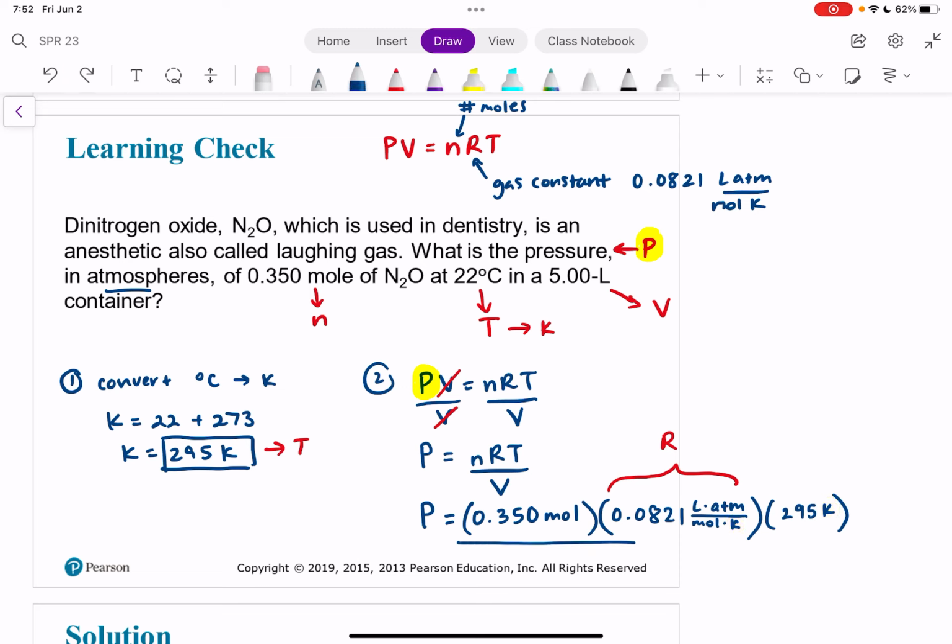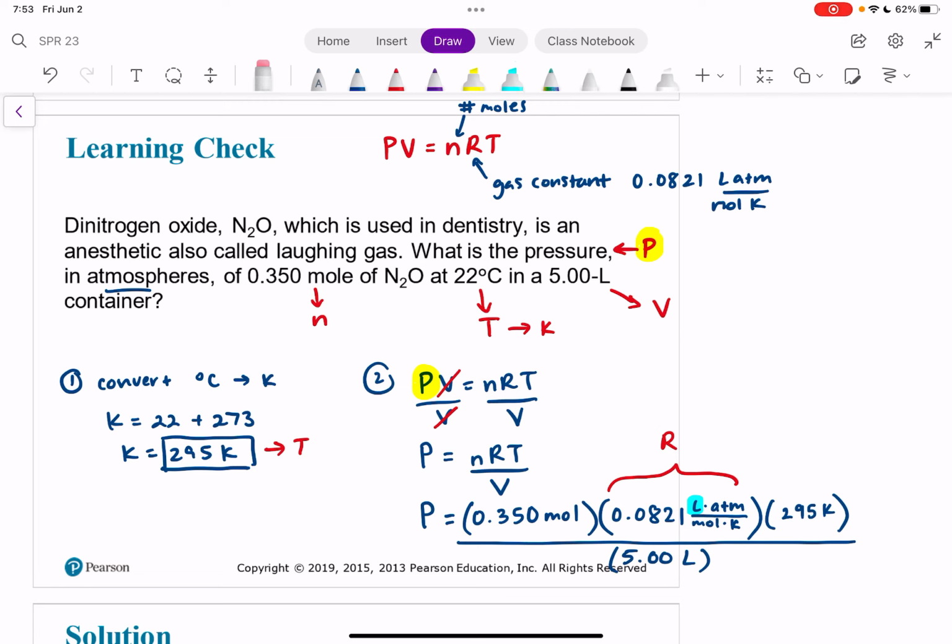So now we're dividing all of that by my volume, which is 5.00 liters. Remember, if you were given a volume in mL, you would have to convert to liters. Why? Because we have liters in our gas constant.